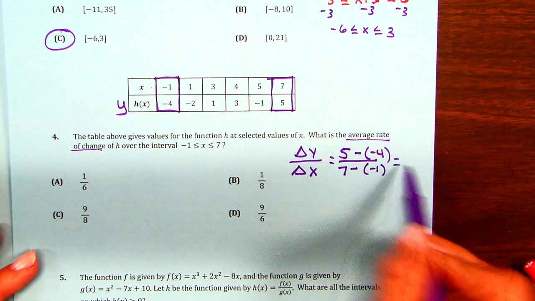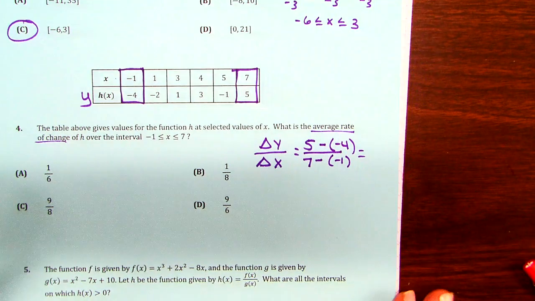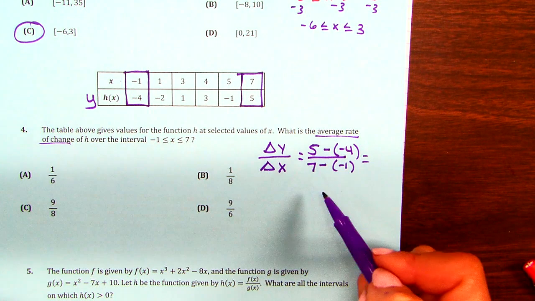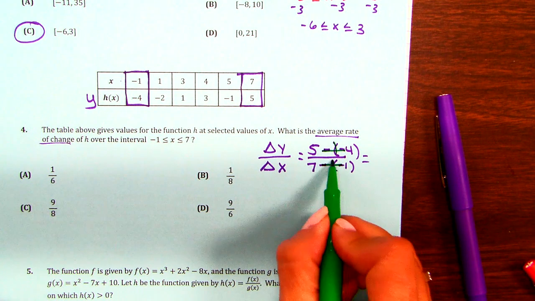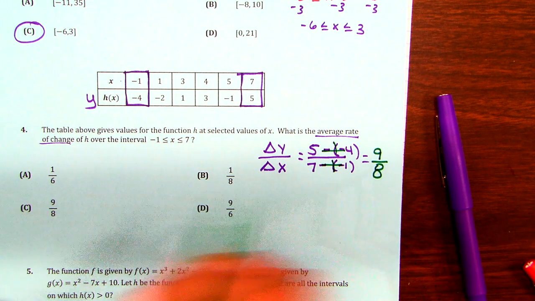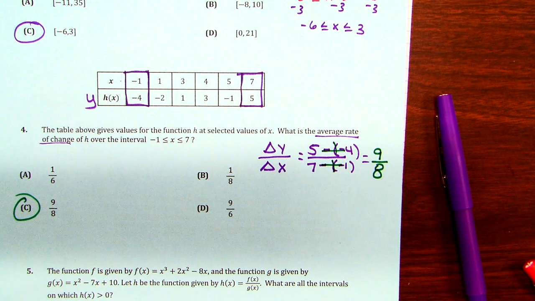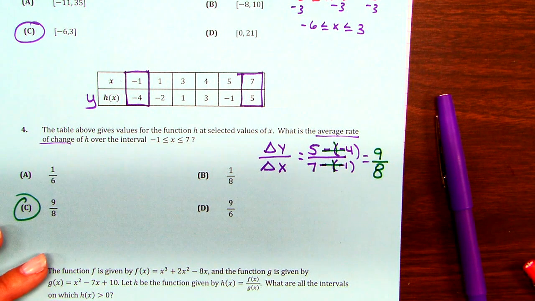And remember, this is the non-calculator portion of your test. You have to be able to work with negatives without a calculator, okay? 5 minus a negative, they become plus, plus, plus, plus, 9 eighths, okay? So, slope, find the slope. Did we all get that one right?